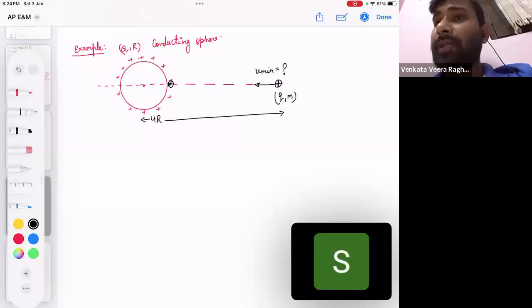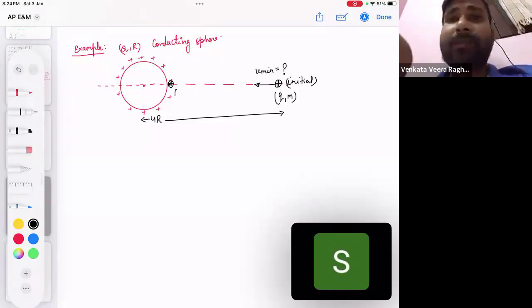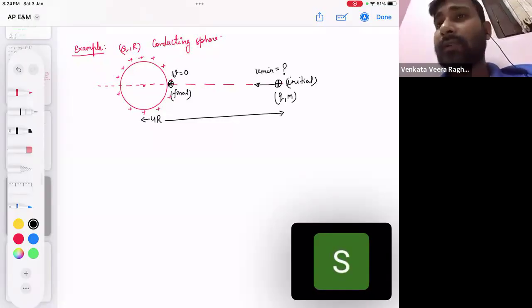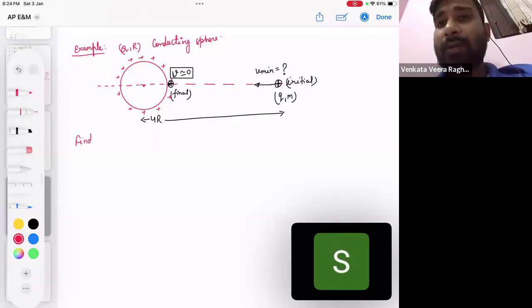Okay. So what I will do is think that initially the particle is here. Let me give the minimum velocity so that it is just able to reach that. Just able to reach means what? Can I say the final velocity becomes approximately zero? Then what does it mean? It means the particle is just able to reach that final point. So that's why the question asks what?